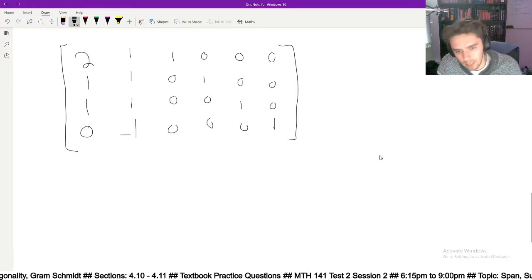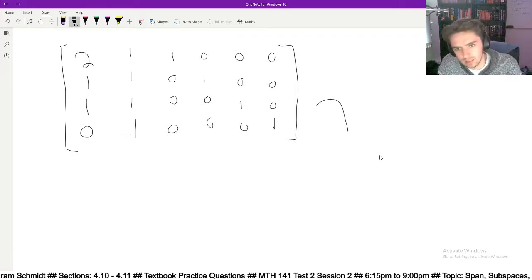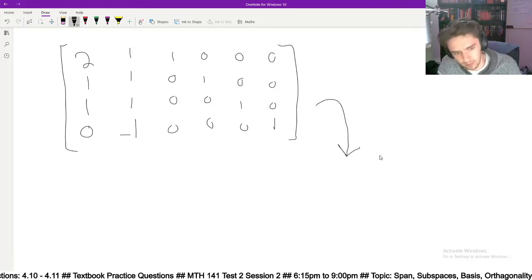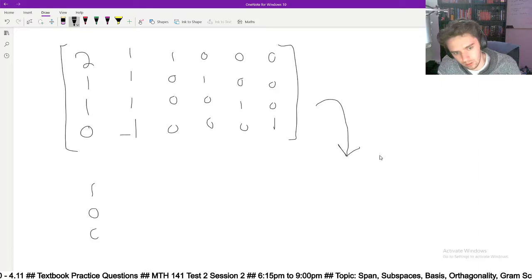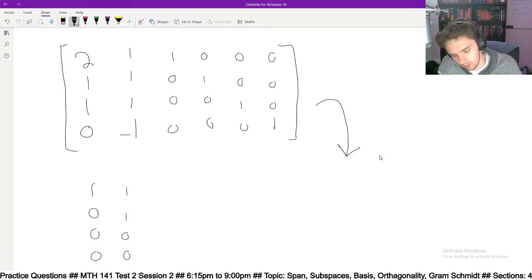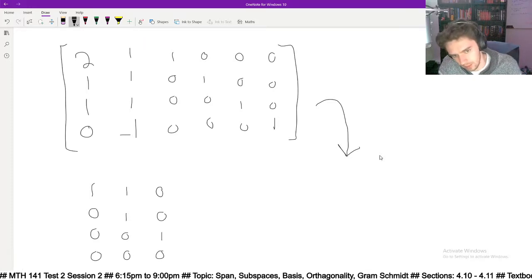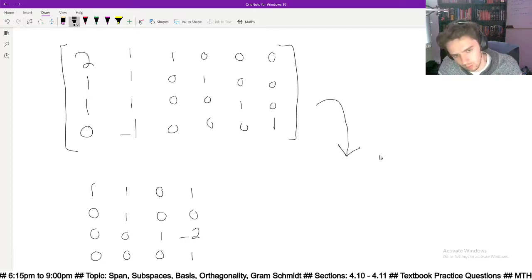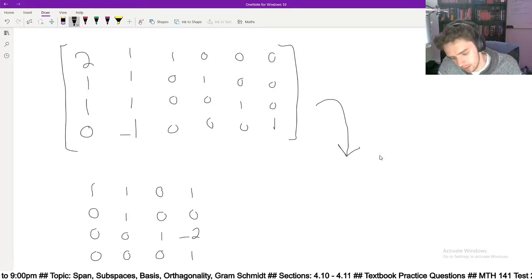I don't have all the steps written because whenever Horowitz does RREF, I just write the final RREF. So if you do it, you're going to end up with this: 1, 0, 0, 0, 1, 1, 0, 0, 1, 0, 0, 1, 0, 1, 0, minus 2, 1. Is that a minus 2?